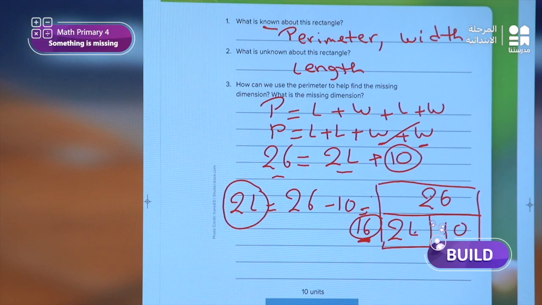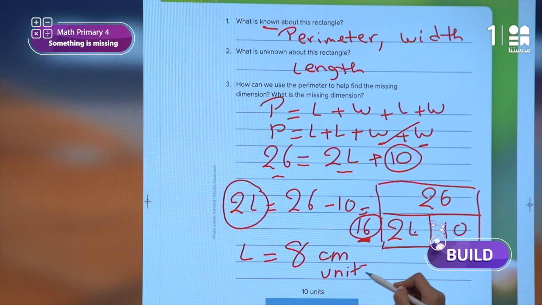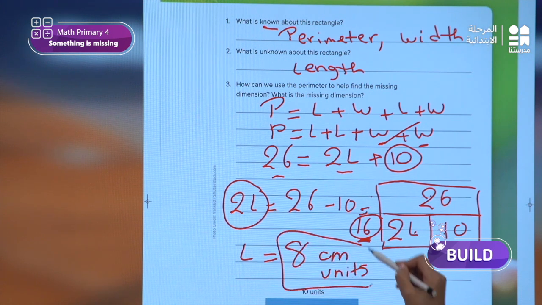What plus what gives me 16? Yes, what plus what gives me 2 numbers, if I add them, I will find the result will be 16. Yes, 8. So the one length will be 8 centimeters or 8 units. 8 units, right? And this is the answer. The length equals 8 units.